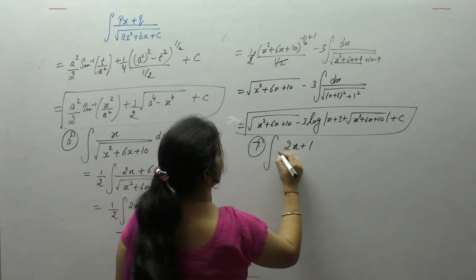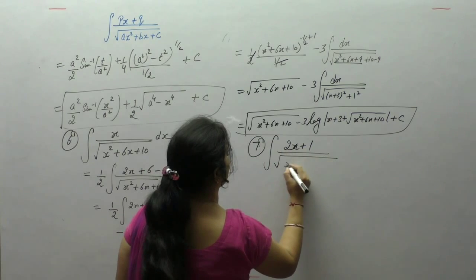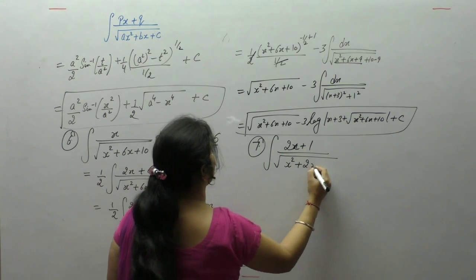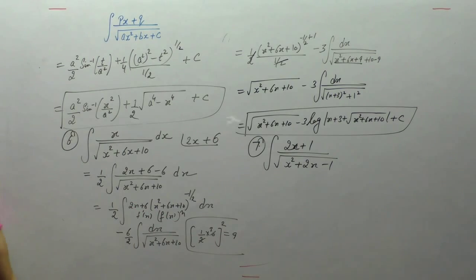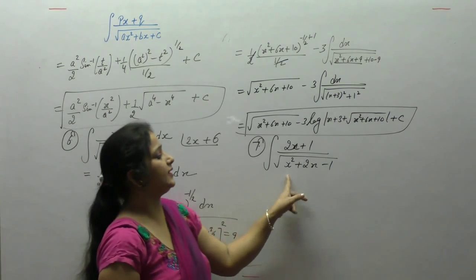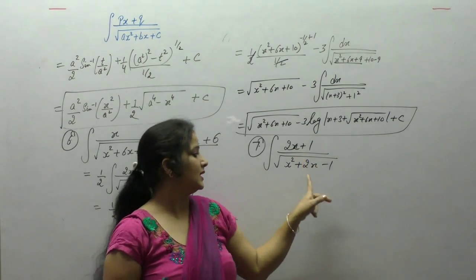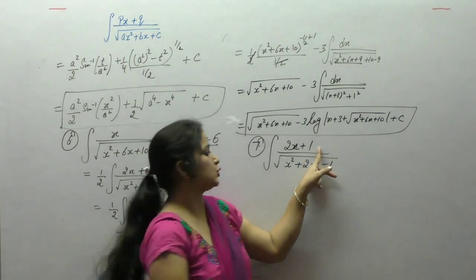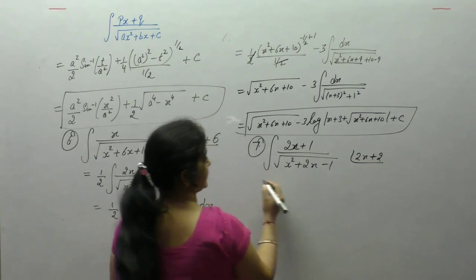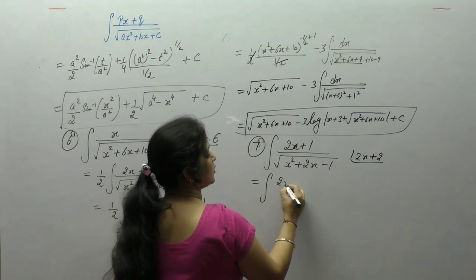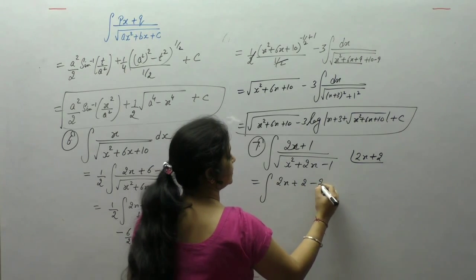Integral of 2x plus 1 upon square root of x square plus 2x minus 1. Complete the derivative. Derivative of x square is 2x. Derivative of 2x is 2. We want 2x plus 2 in the numerator. We have 2x, so add and subtract 2 here.